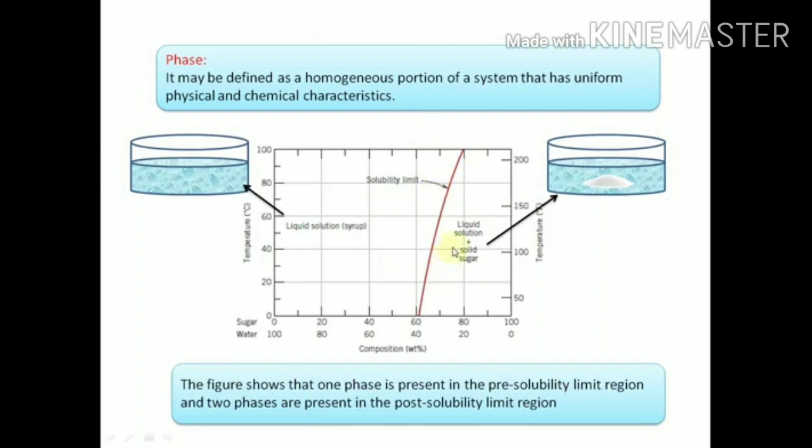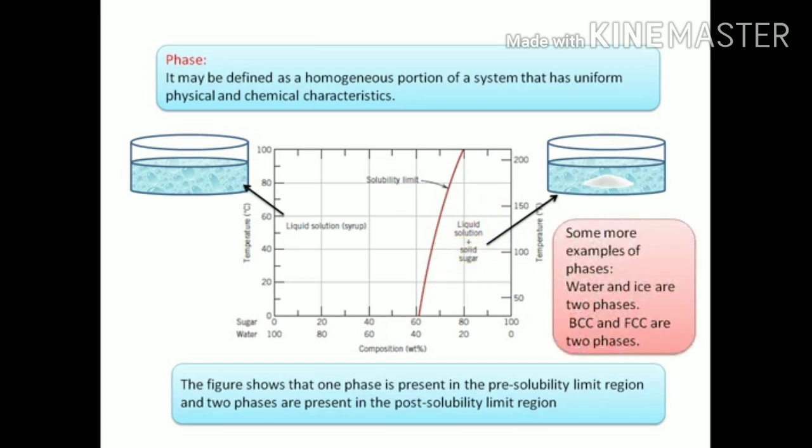In the same figure again, this region, that is the region to the left of the solubility limit curve, represents a single phase, and the region to the right of the solubility limit curve shows two phases, that is liquid solution of water and sugar and solid sugar. Some more examples of phases: water and ice are two phases, BCC and FCC lattice are two phases.